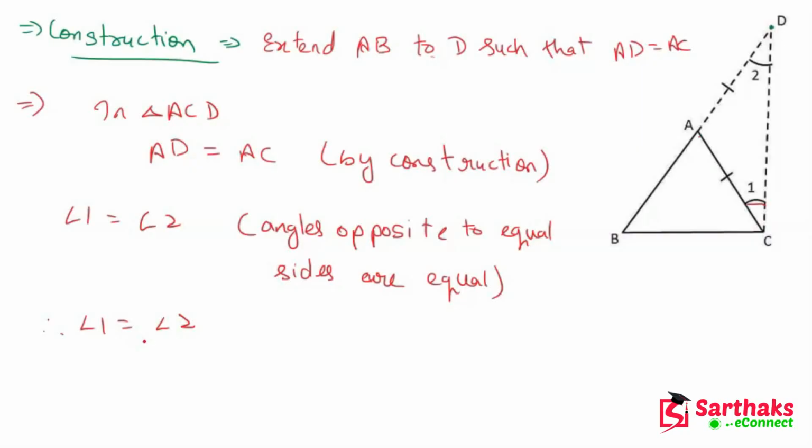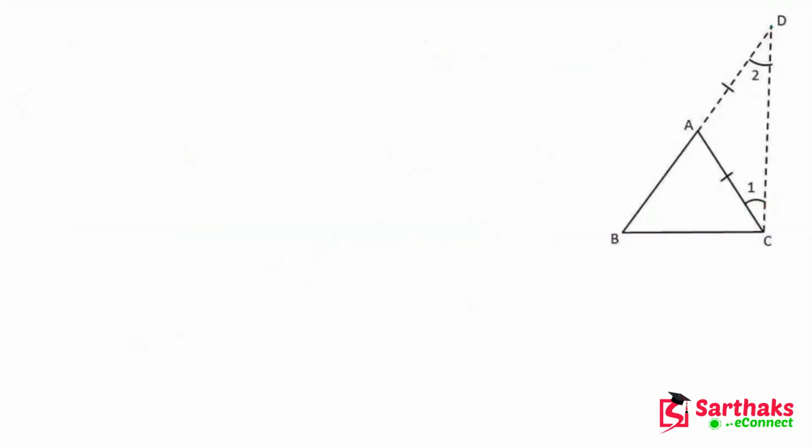Now my dear friends, angle BCD is angle BCA plus angle 1. We know that angle BCD is equal to angle BCA plus angle 1, and we know angle 1 is equal to angle 2, so we can write angle BCA plus angle 2.